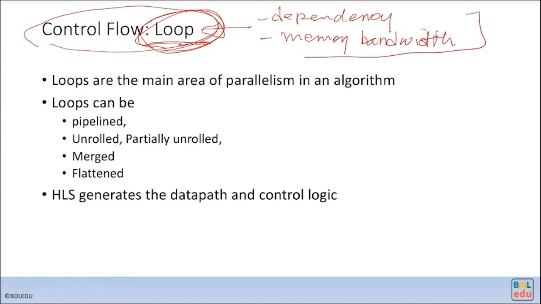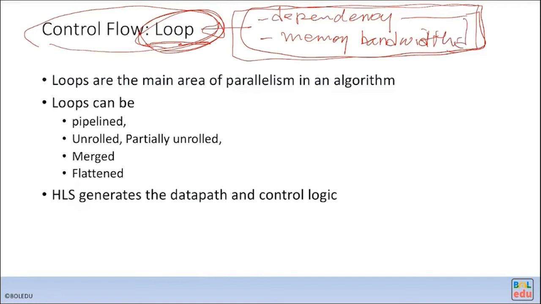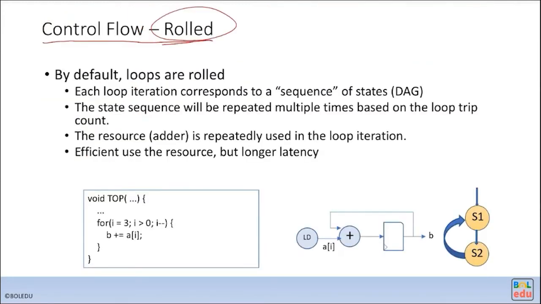So when you try to parallelize a loop, those are the two typical difficulties that you have to face. Loops are the main area of parallelism. And loops can be pipelined, unrolled, partially unrolled, merged, or flattened. And here I give you a very brief high-level idea of what they mean. For example, rolled: for the loop, by default it is rolled.